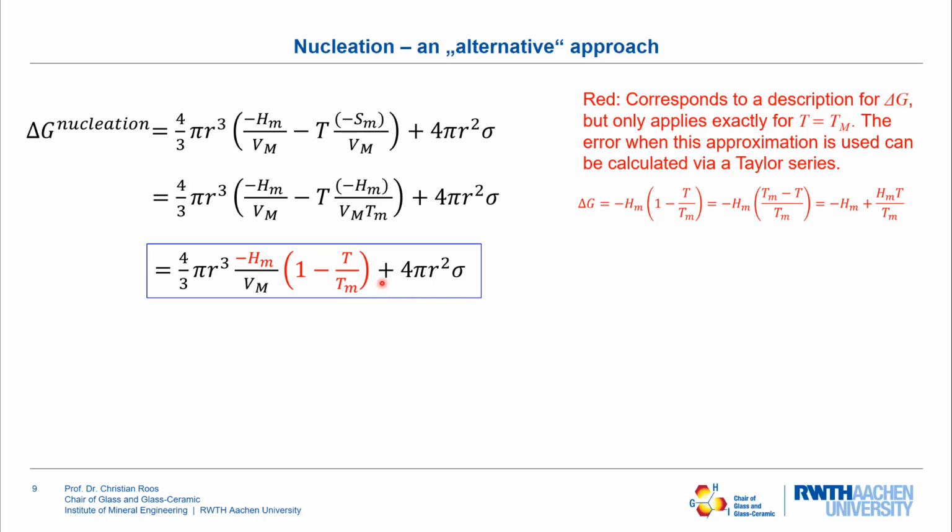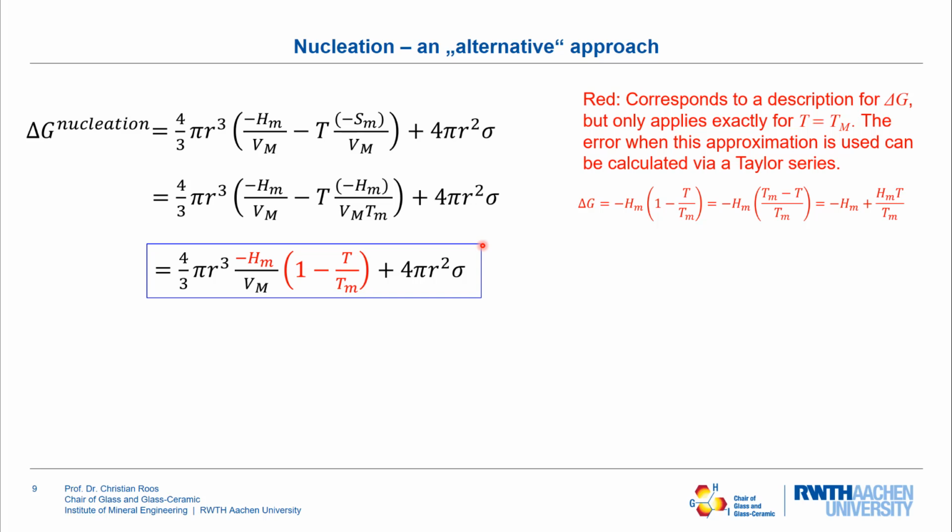Please note here also that this description in red only exactly applies for T equals the liquidus temperature. The error of this approximation can be calculated via a Taylor series, which is maybe a video I will make at a later point. However, it's worth looking at these dependencies here and making yourself familiar with these mathematical transformations.